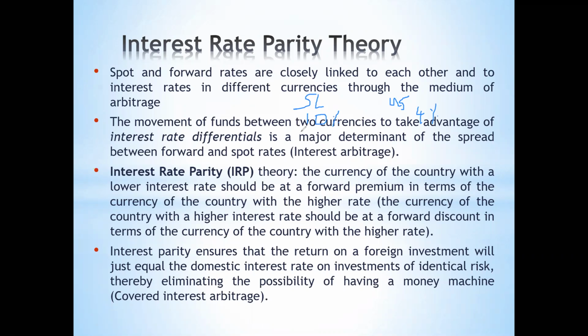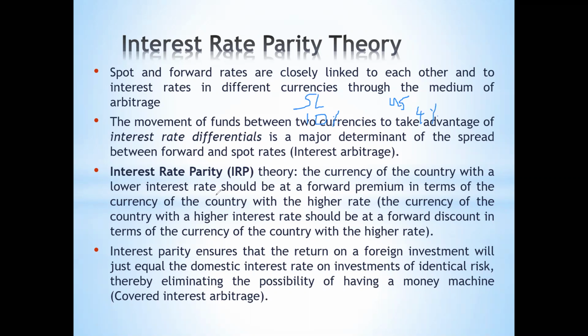Now, if Sri Lanka has the highest interest rate, according to the interest rate parity theory, we will discuss this process later. For the moment, try to understand this. If Sri Lanka has the highest interest rate, then the Sri Lankan rupee needs to be at a forward discount compared to the US dollar.